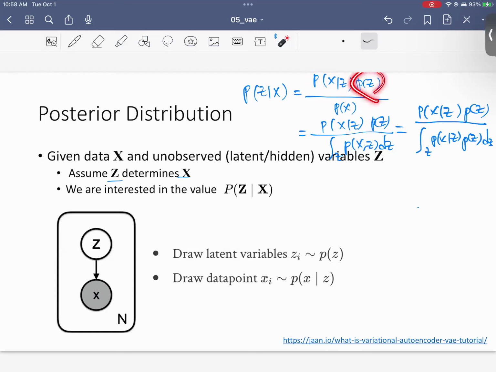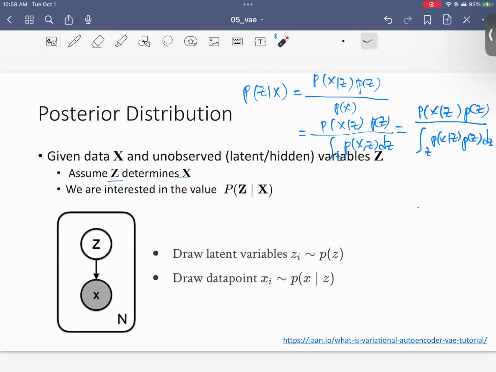So that would be the prior, the topics that journalists usually choose. So we're going to assume that we have access to the likelihood and the prior, but we don't know how to calculate this, so we're going to infer it. That's the posterior distribution problem. Any questions so far?